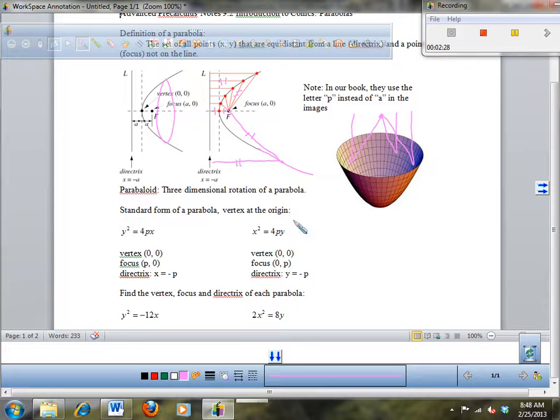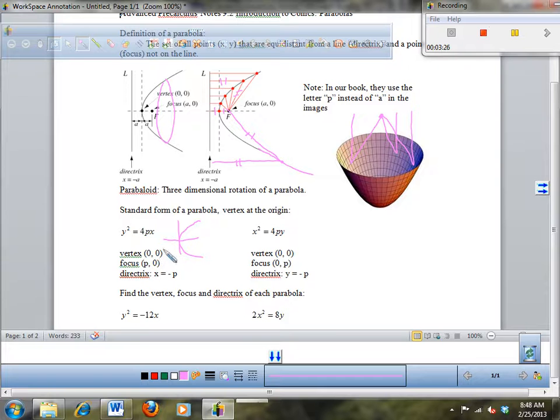Standard form of a parabola. So this is a little bit different than what we have seen before, okay? If it's a y-squared parabola, this is not really a function because it's an equation, but it's not really a function because functions, remember, have to pass the vertical line test. But this form of a parabola, it's a sideways parabola. So if it's got a y squared, it's a sideways parabola, and if it's of this form, this is 0, 0.